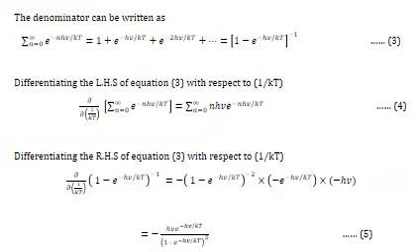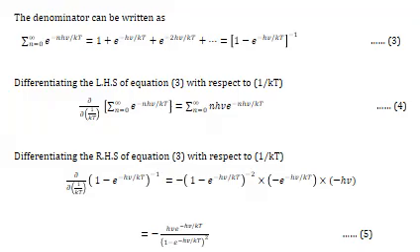Now, take the denominator. The denominator is the summation of n equals 0 to infinity e power minus nhν by kT. When you expand this series, it should be written as 1 plus e power minus hν by kT plus e power minus 2hν by kT, etc. This series sums to 1 minus e power minus hν by kT, whole to the power minus 1.